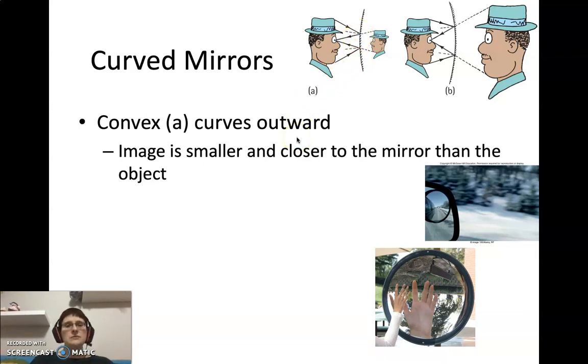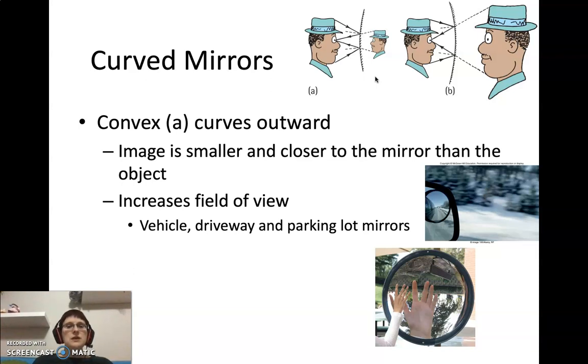And so in a convex mirror, the image is smaller and closer to the mirror for that virtual image than the actual object is. And so the nice thing about convex mirrors is they do increase the field of view because they shrink objects. And so you don't need as big of a mirror in order to see a larger area.